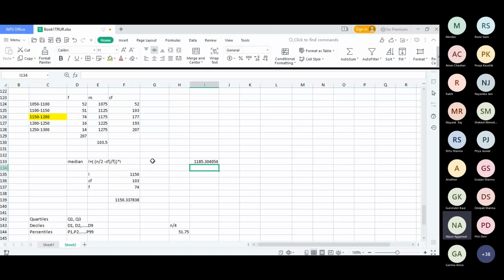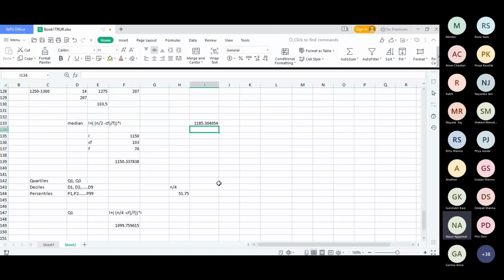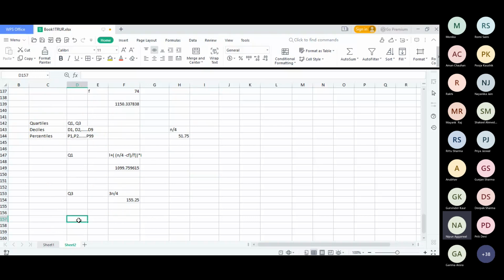So in that way you can calculate any quartile, Q1, Q3. If it is decile, suppose now the next question is you want to calculate D6. Let's suppose we want to calculate D6 or D8 maybe. So if we calculate D8, D stands for n by 10, 10 equal parts, that is why D stands for n by 10.